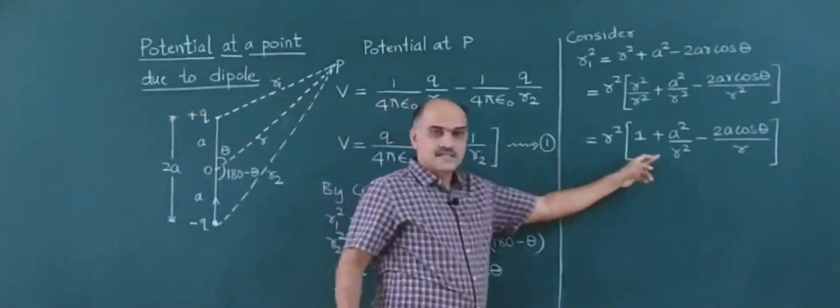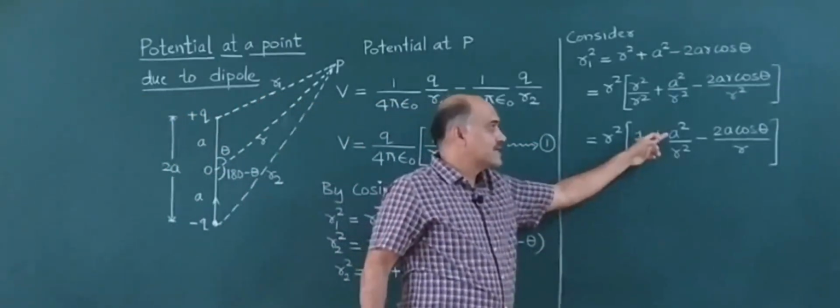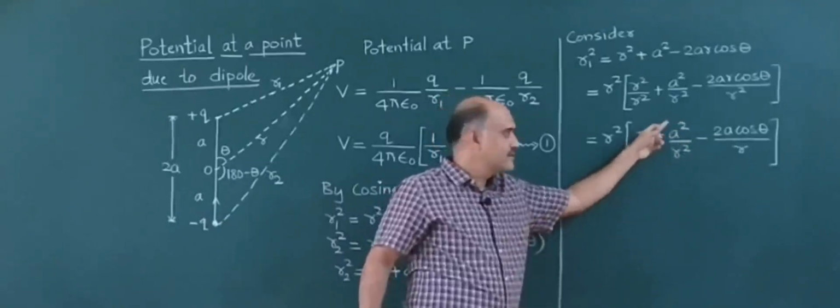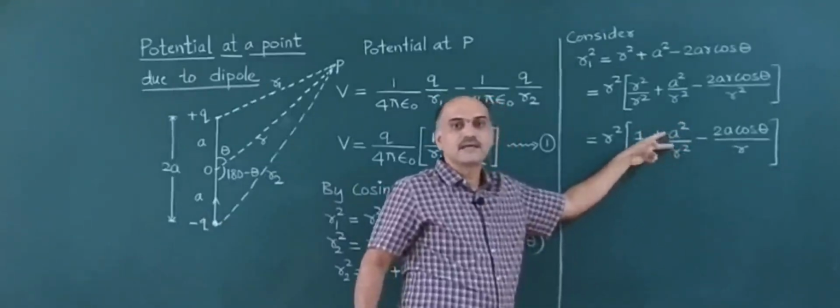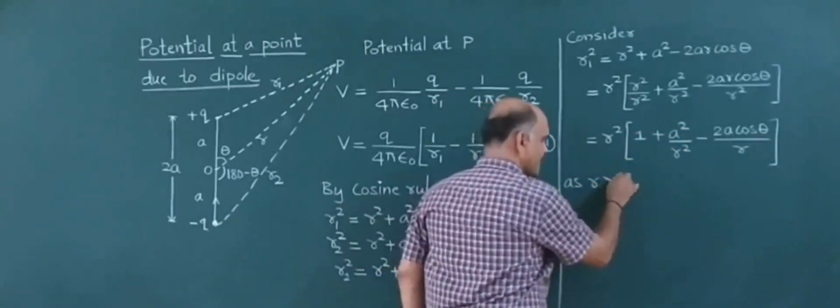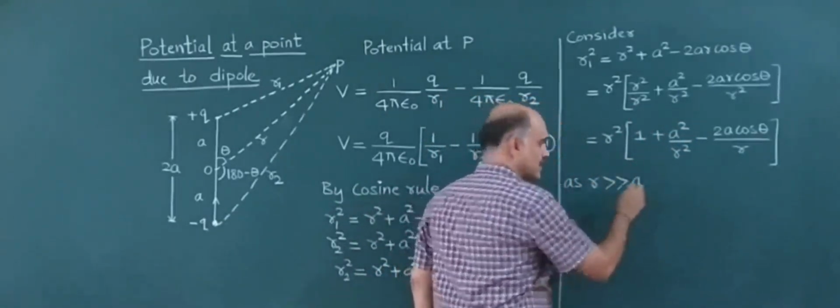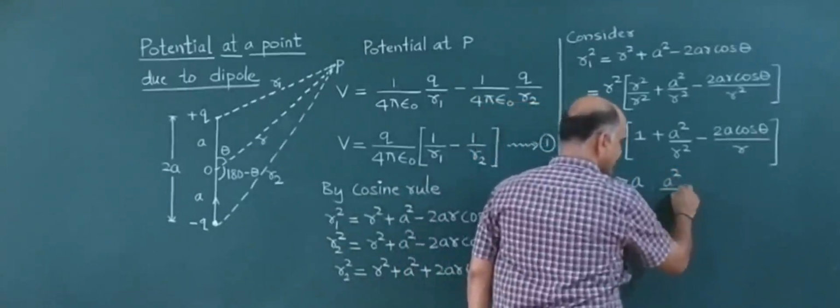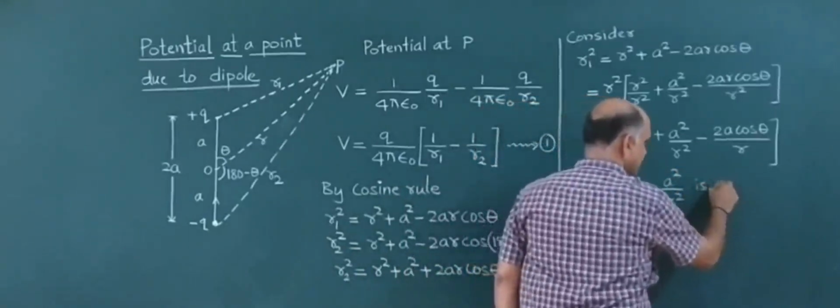So as R square is very much greater than A square, the term A square by R square is very small and can be neglected.